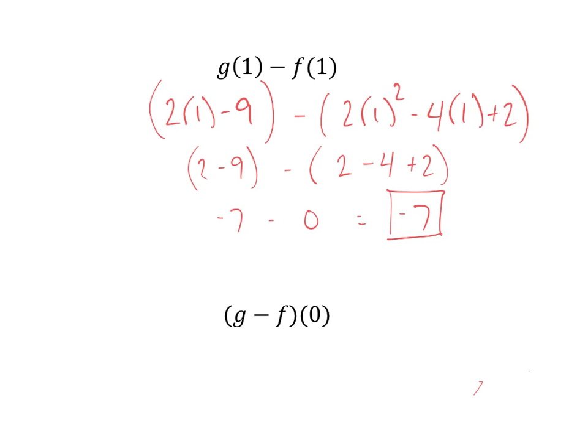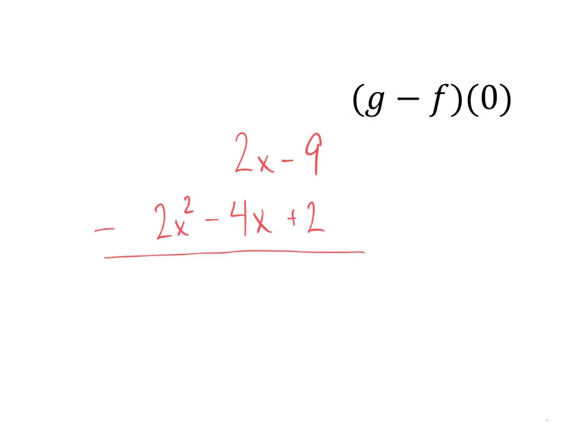All right, so that's what happens when you plug in your value of 1 before we subtract. Now let's talk about subtracting the functions and then plugging in a value with the next example.